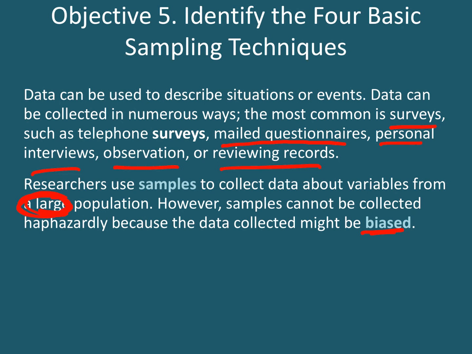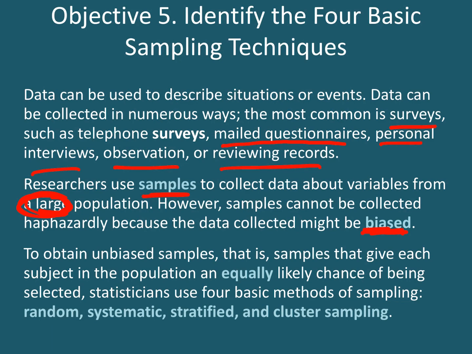Again, imagine trying to poll the million plus people that live in and around Los Angeles. It would be impossible to collect the data from everyone. So instead, we choose a sample, and hopefully a fair sample, that represents the entire population well and has very little bias.